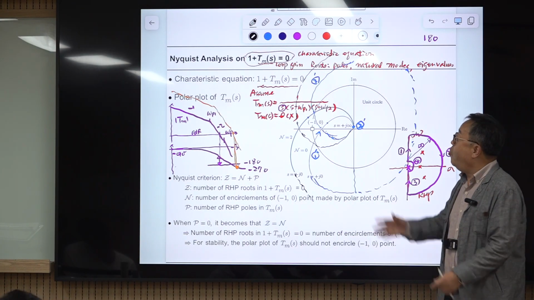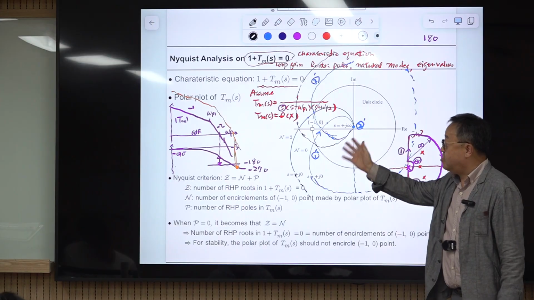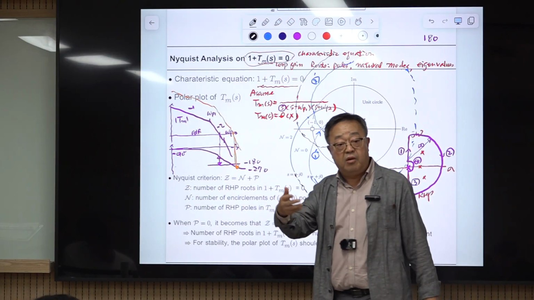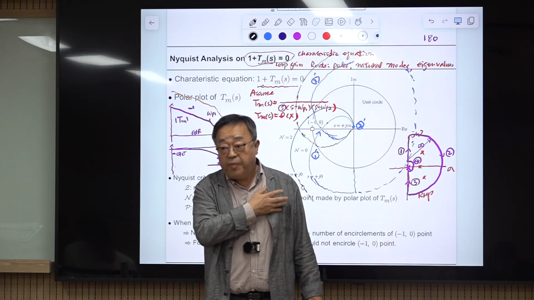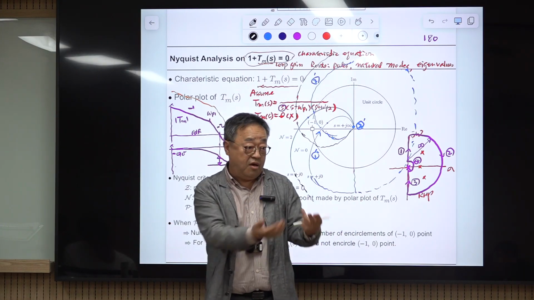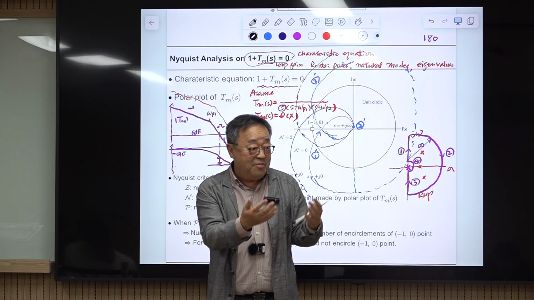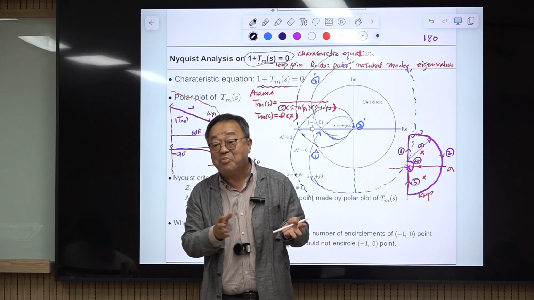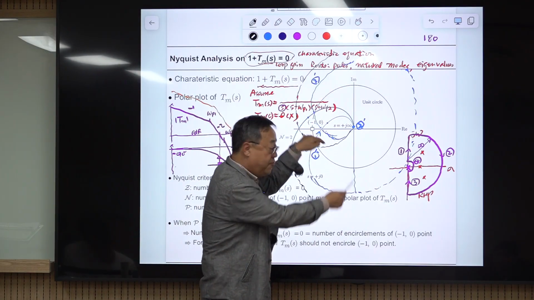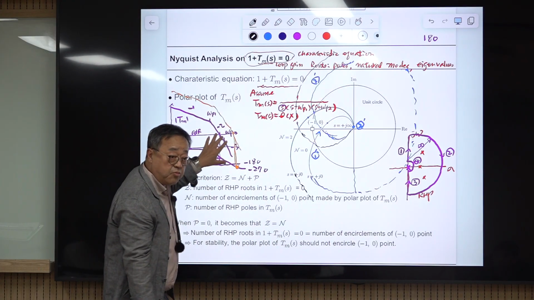Going through all the details of this Nyquist analysis is necessary at least once. Then most people, even myself, forget about all of that. When I teach it, I remind myself, but it's very complicated. I just remember this one, and that is more than enough.